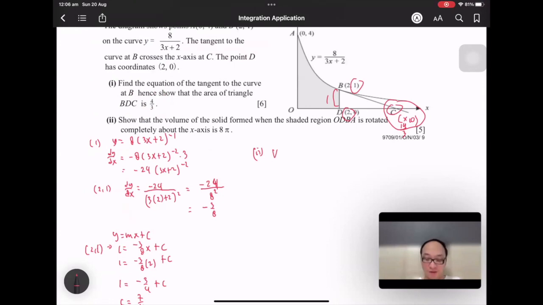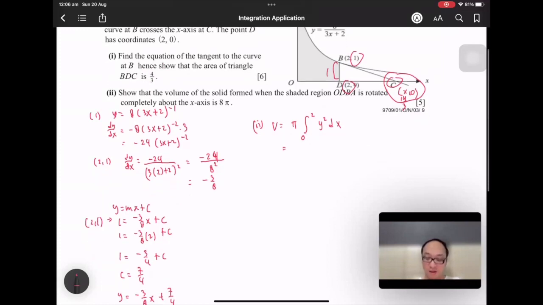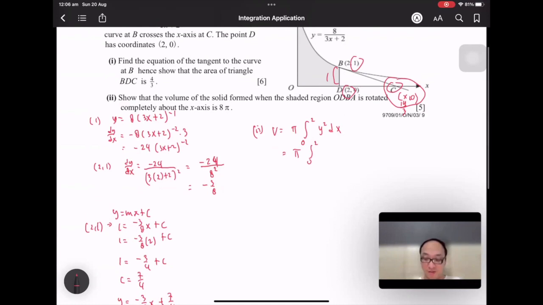We can use the formula pi integral from 0 until 2 of y squared dx. So pi integral 0 to 2 of the equation, y equals 8 over 3x plus 2, minus 1 squared dx.